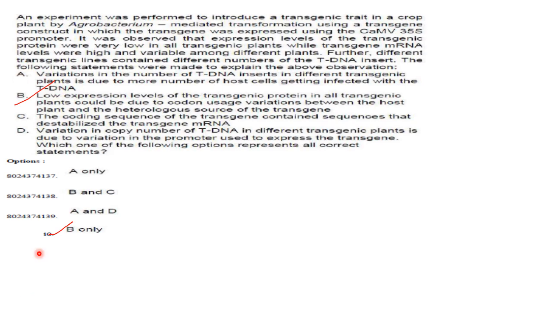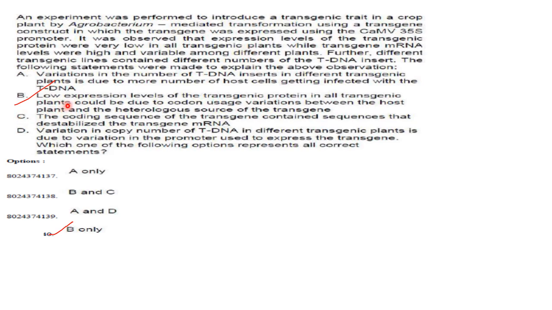Now, I have already explained a similar question in one of the videos where they have asked regarding bacterial and human codons. That was based on codon bias. So here also the answer is the same thing, that is why you get low level of protein expression, maybe because the transgenic trait was taken from bacteria and the bacterial codon is different when compared to the codon which that plant uses because of codon bias.